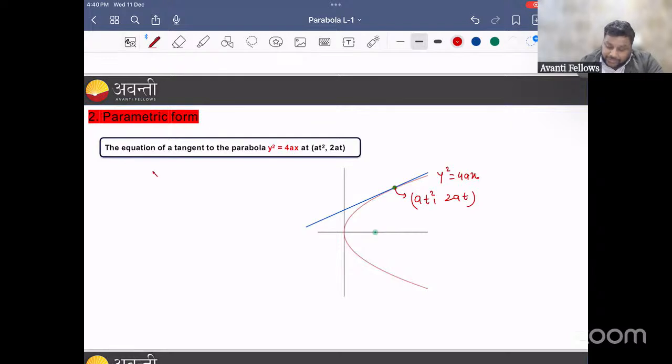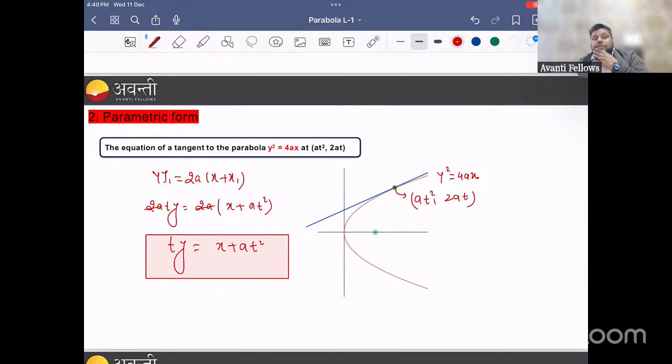In point form, the tangent is y y1 equals 2a times (x plus x1). Now replace y1 as 2at and x1 as at square. So 2at into y equals 2a times (x plus at square). This 2a cancelled, so it is ty equals x plus at square.